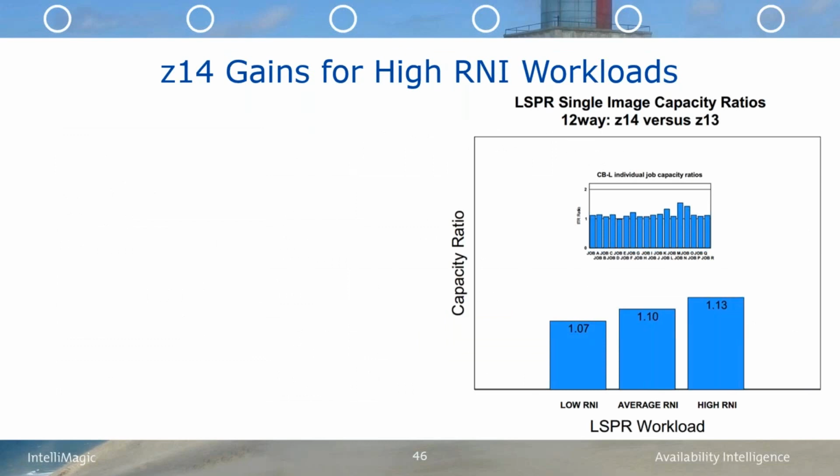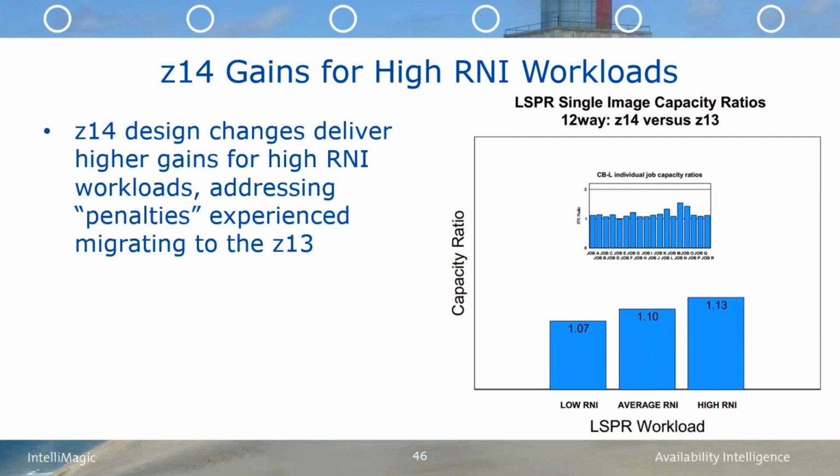Now the overall workload at that site was borderline high from an R&I perspective. And in Gary King's presentations, he indicates that high R&I workloads can anticipate experiencing a bigger performance gain migrating from Z13 to Z14 than other workloads, since the Z14 includes a number of design changes to reduce processor cache latency, especially designed to help high R&I workloads.